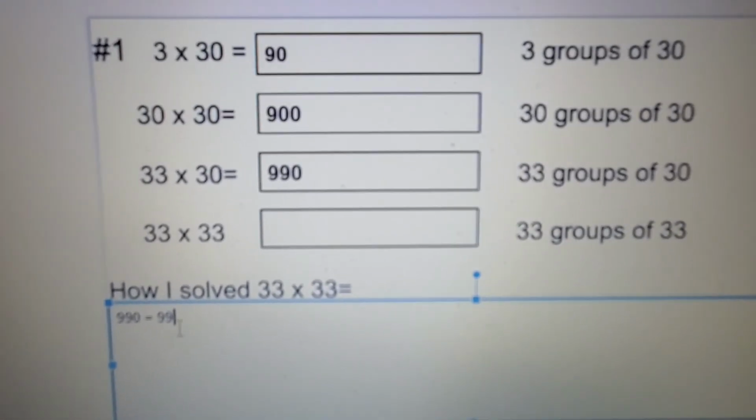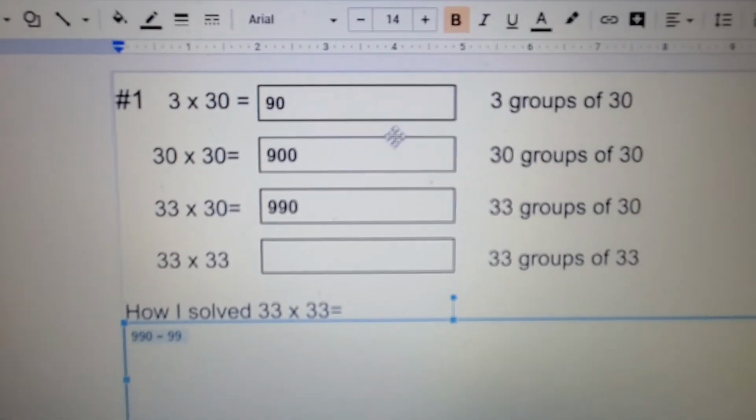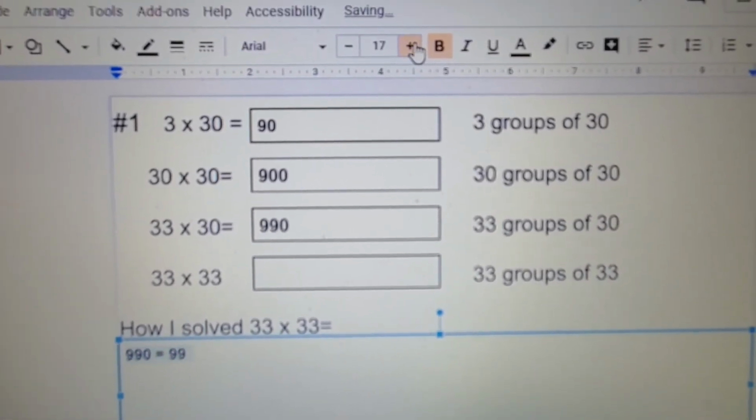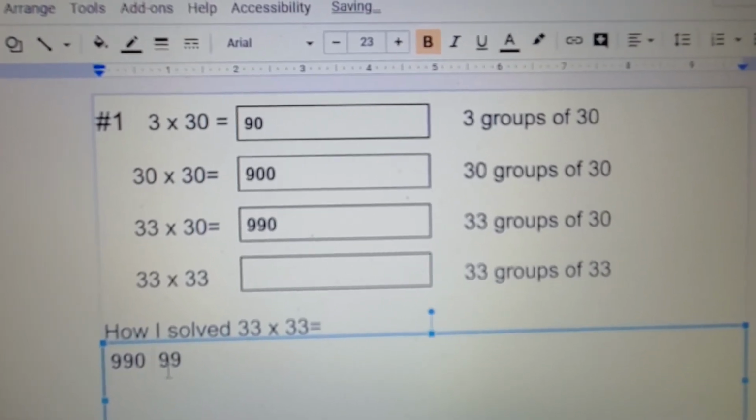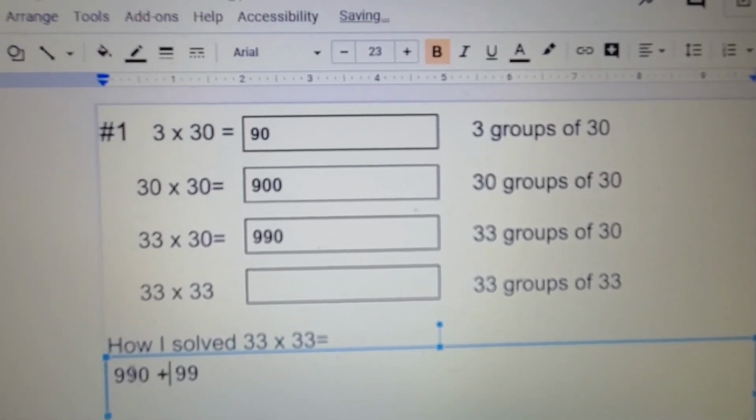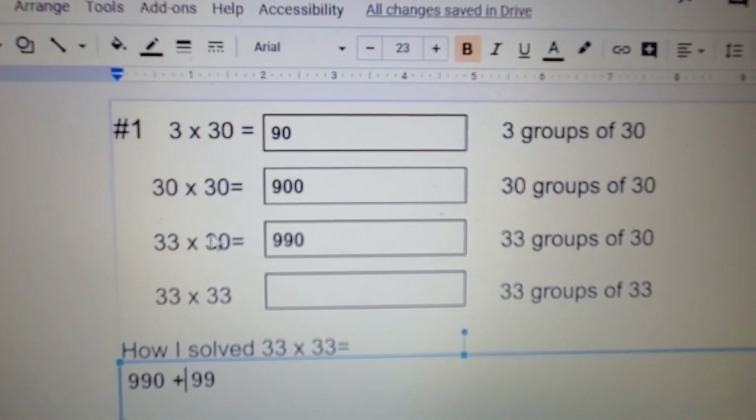And let me just blow that up a little bit. Oop, that's not equal to, that's plus. Now, where did I get 990 from? 33 times 30.